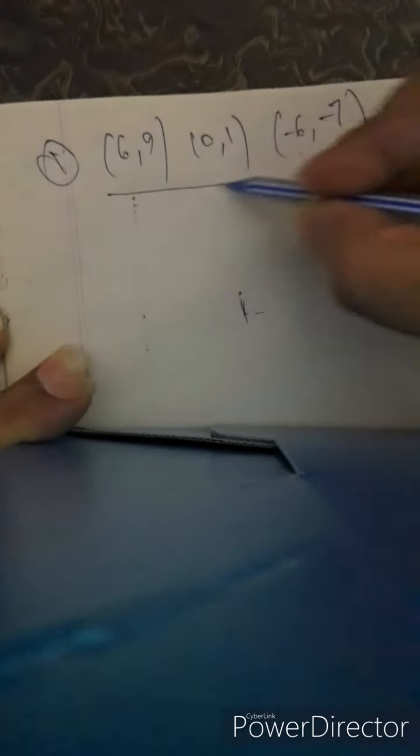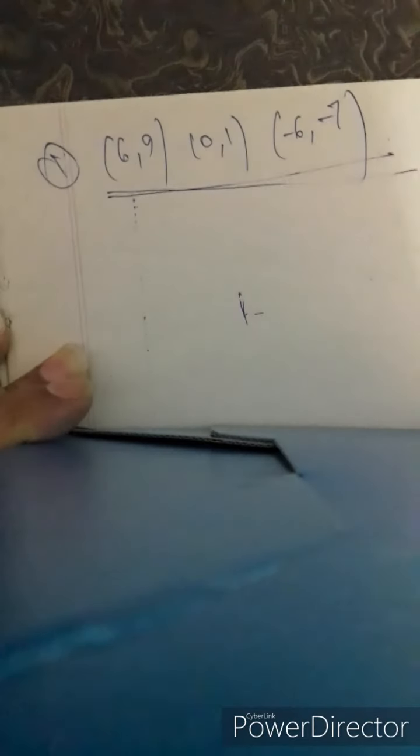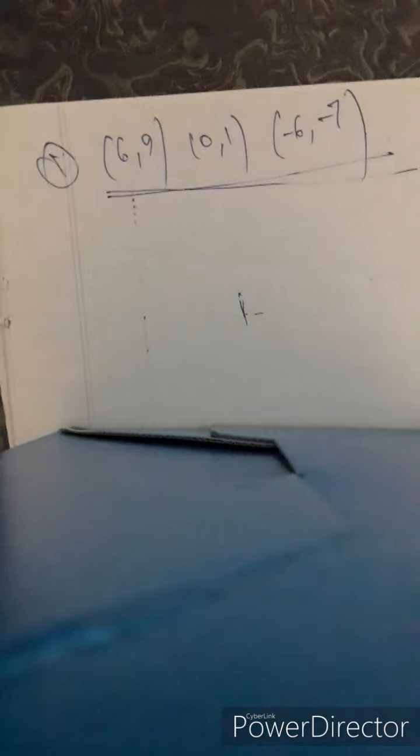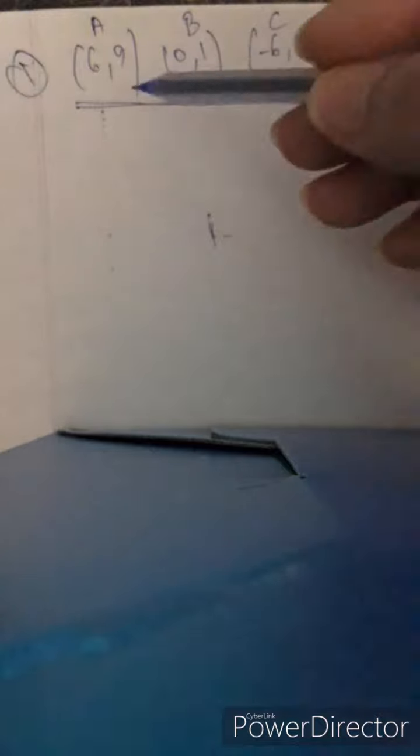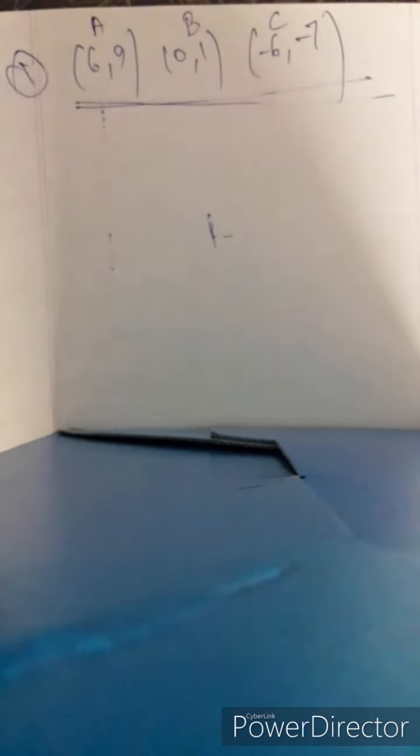We have to show these three points lie on a straight line, that is, they are collinear points. So let these three points be A, B, and C. We have to show ABC is a straight line, that is, A, B and C are collinear.